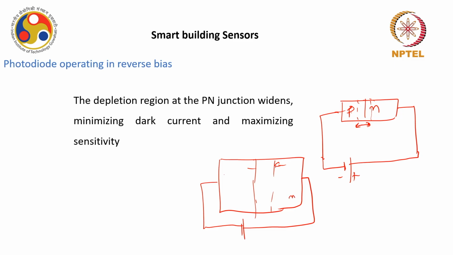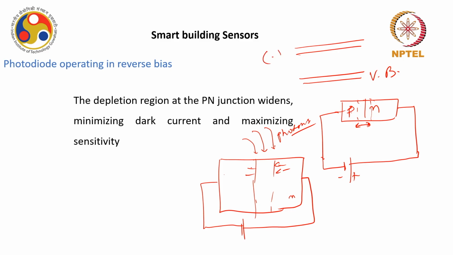When this depletion region actually broadens, it will have effectively more area to interact with the photons.